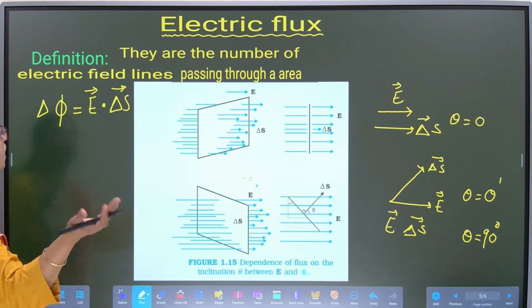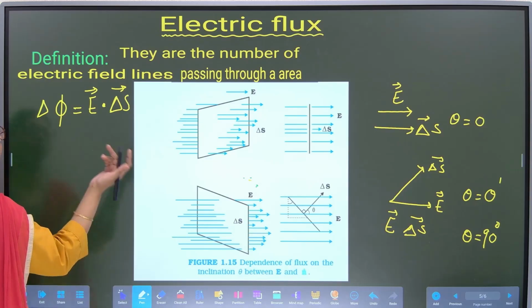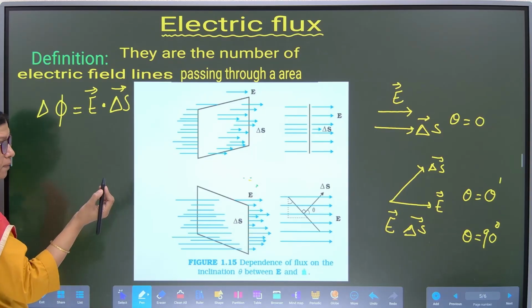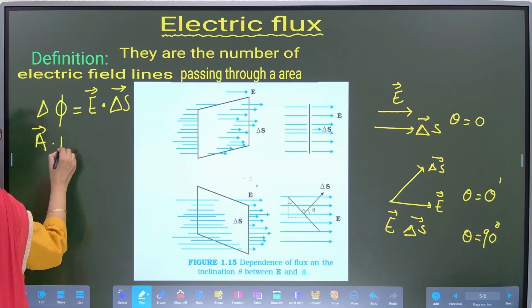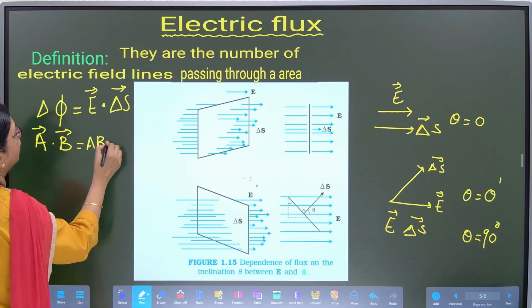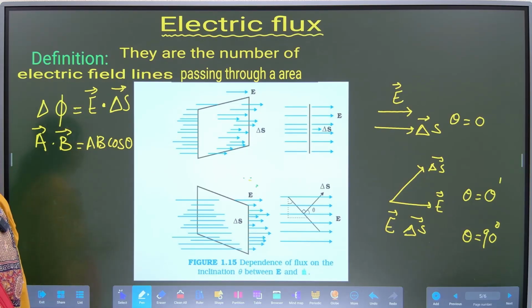Fine. So as we know from our 11th standard, how do we consider a scalar product or a dot product? We can write A dot B is equal to AB cos theta, where theta is the angle between A and B.